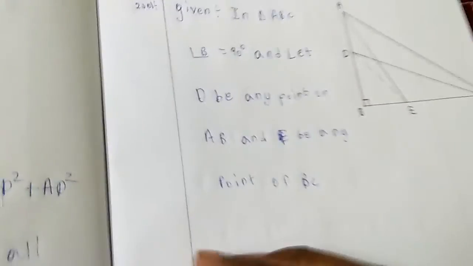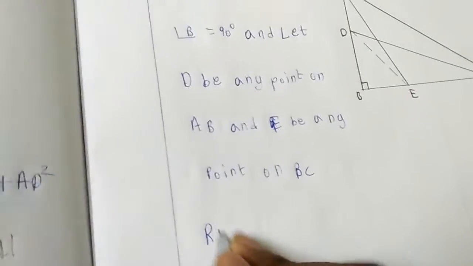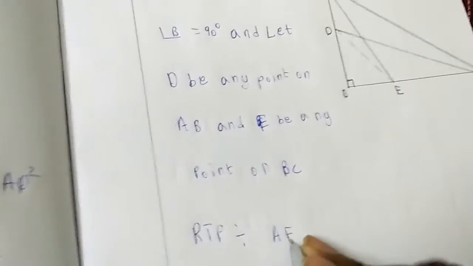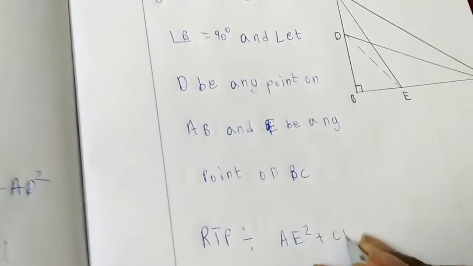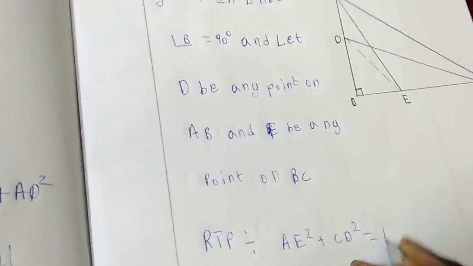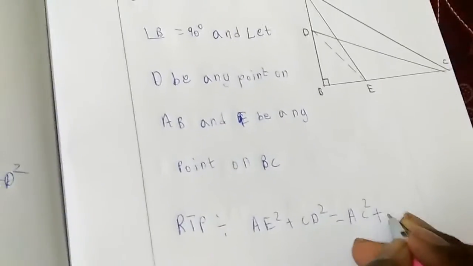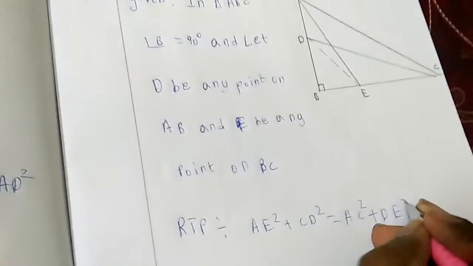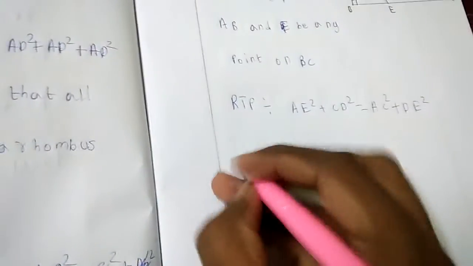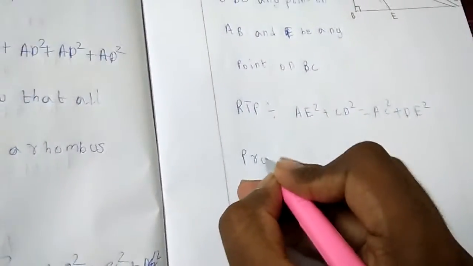So required to prove, RTP: AE square plus CD square is equal to AC square plus DE square. Now proof.